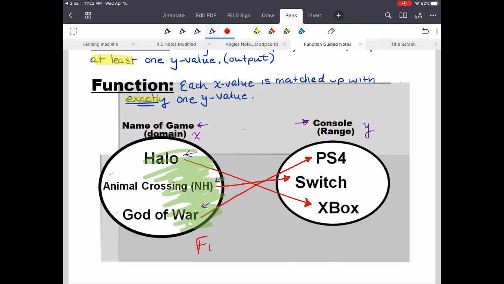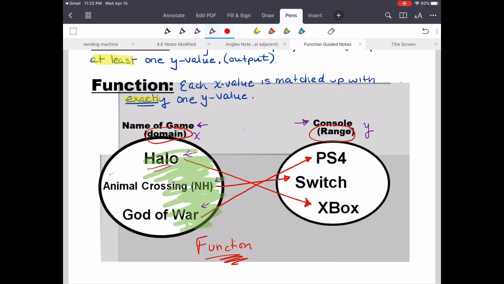We're looking at a function here because we could say that there's exactly one member of the range that matches up with each member of the domain. There's one x value, exactly one x value. You cannot play Halo on a PS4. You cannot play Halo on the Switch, or at least I don't think you can. I'm pretty sure it's Xbox, but if I'm wrong, I'm sure I'll hear corrections in the comments.